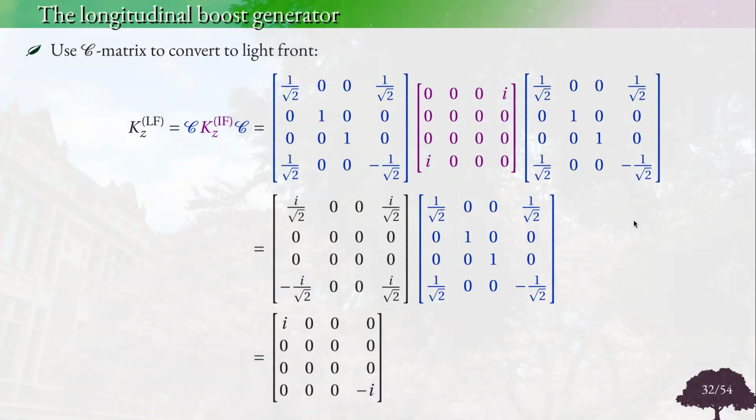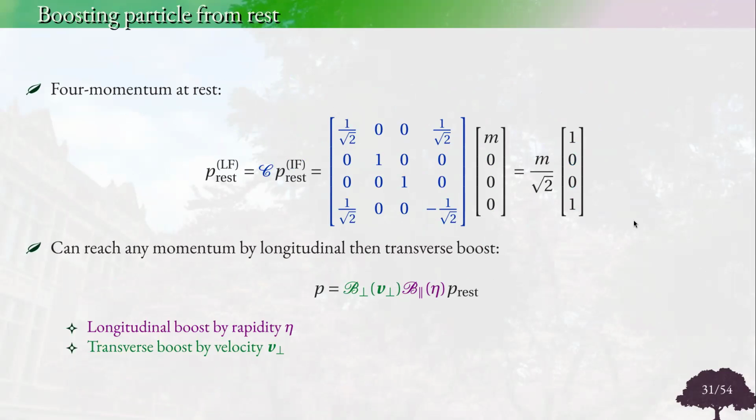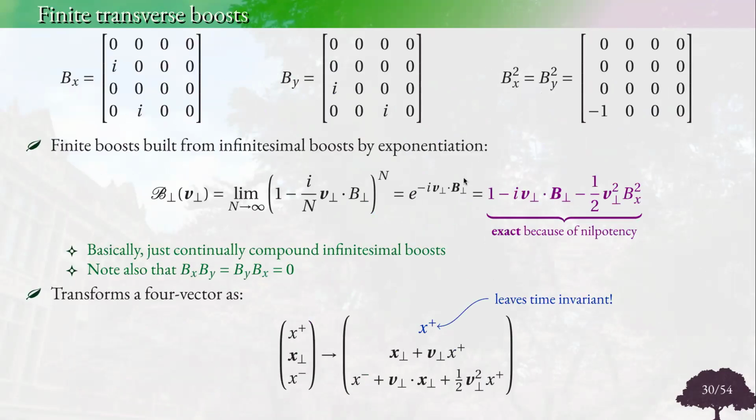I have here these nice formulas for the generators in terms of finite transverse boosts, in terms of light front coordinates. Because with the square root of 2 convention, the inversion formulas are identical to the conversion formulas, you could convert these to instant form coordinates by multiplying on the left and right by the C matrix.